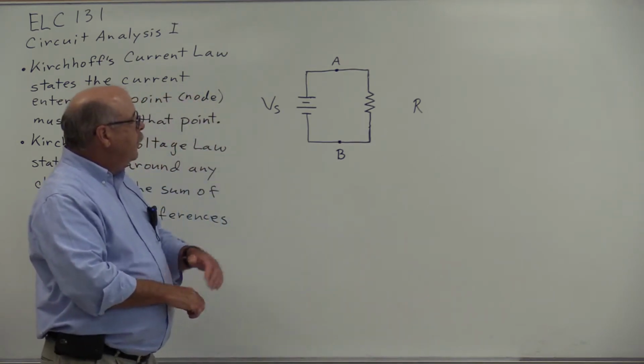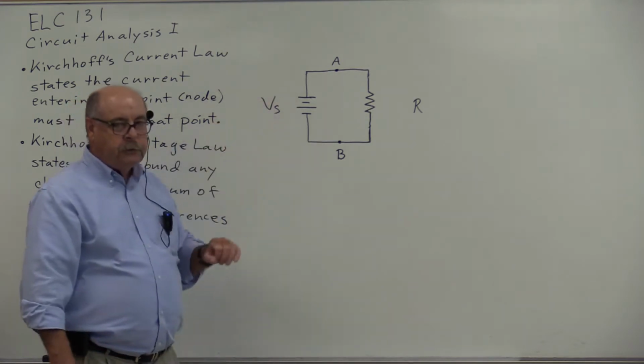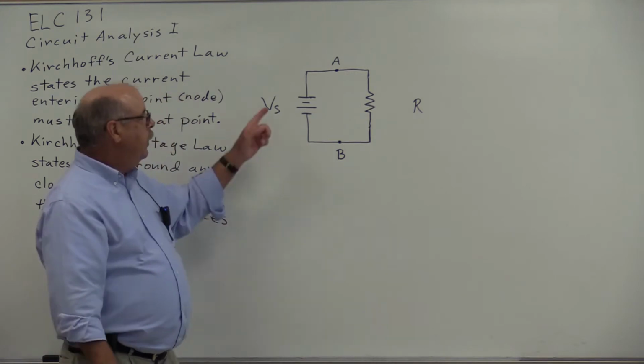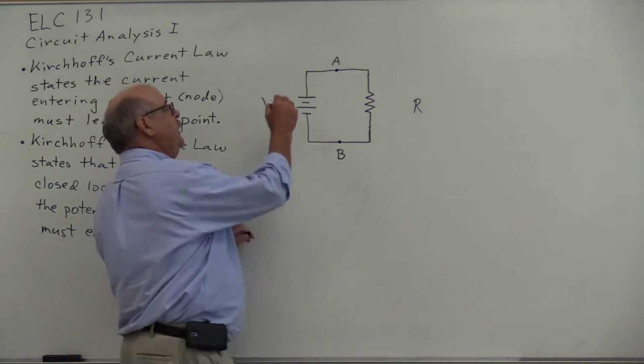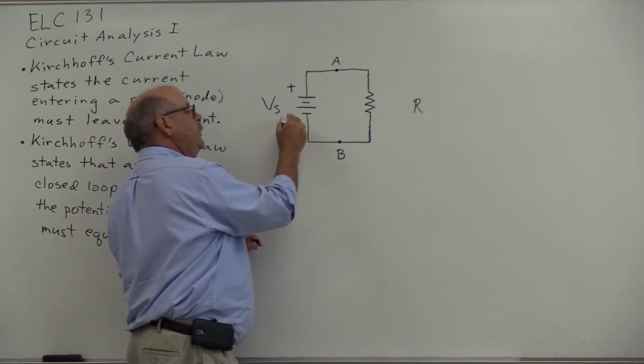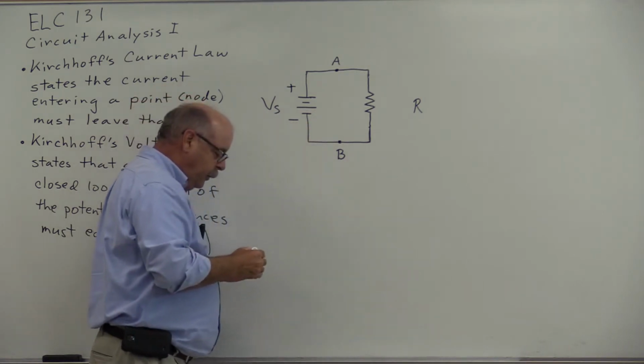Now, remember with our voltage source, the schematic symbol for the voltage source, the longest line represents the positive terminal and the shorter line represents the negative terminal.